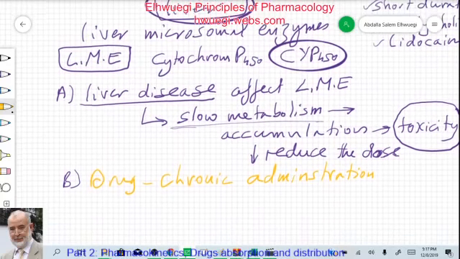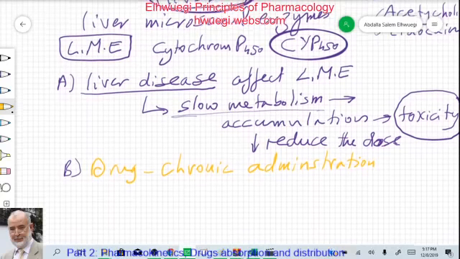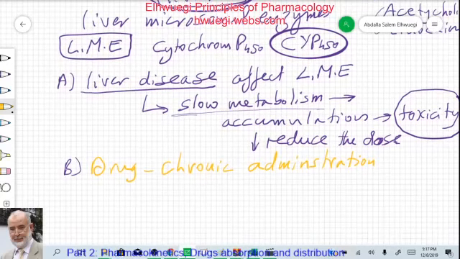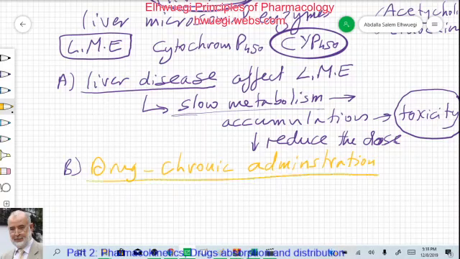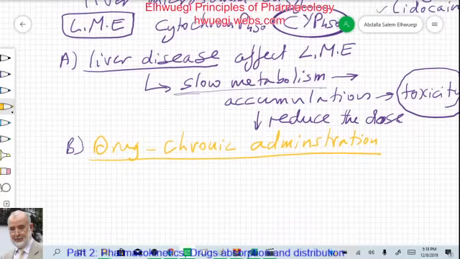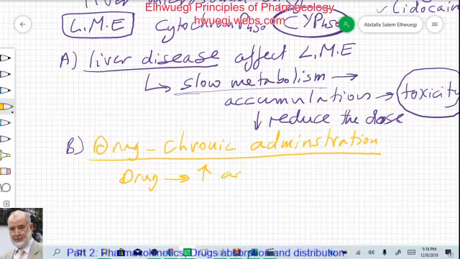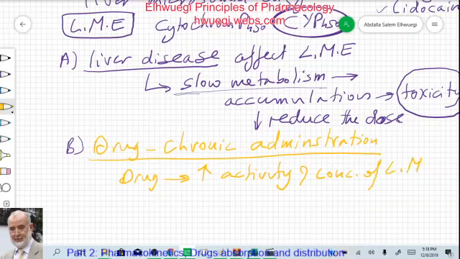Suppose I take a drug which is metabolized by liver microsomal enzyme for a long period of time. After a certain period of time, the drug itself will increase the activity and concentration of liver microsomal enzyme. This process is known as enzyme induction.